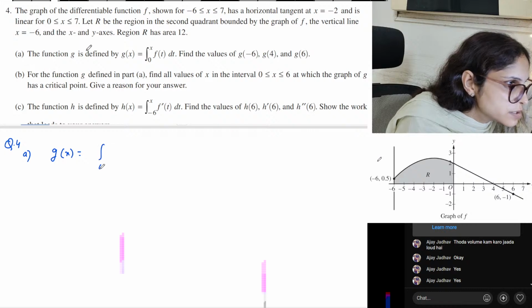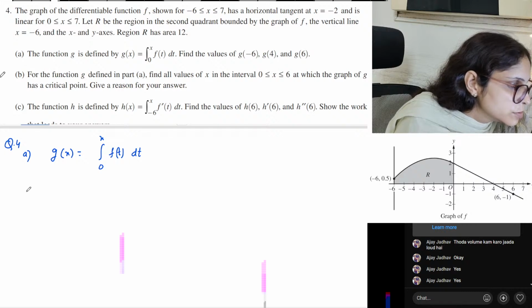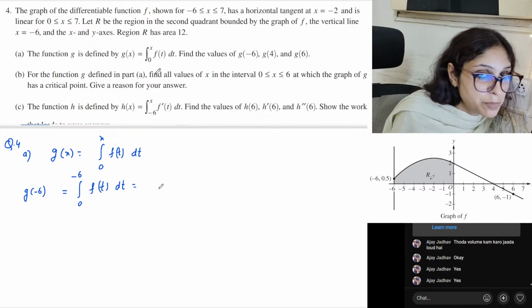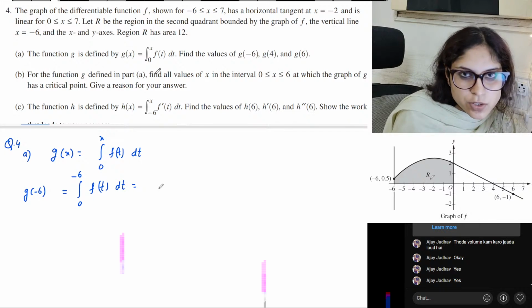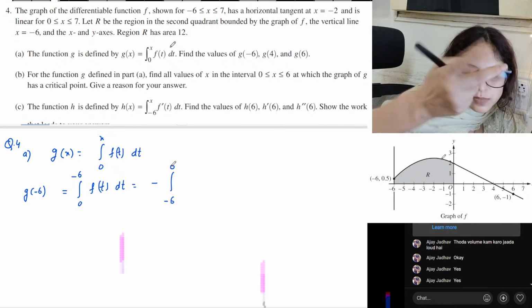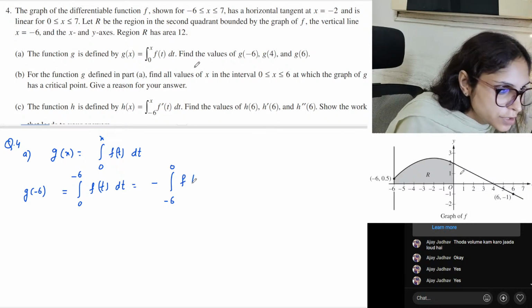So g of x is the integral from 0 to x of f of t dt. First we are finding g of -6. That is, we are going from 0 to -6 of f of t dt. We'll apply the properties of definite integrals, because this question is coming from definite integrals. When you change the limits, you introduce a negative sign: minus the integral from -6 to 0 of f of t dt.